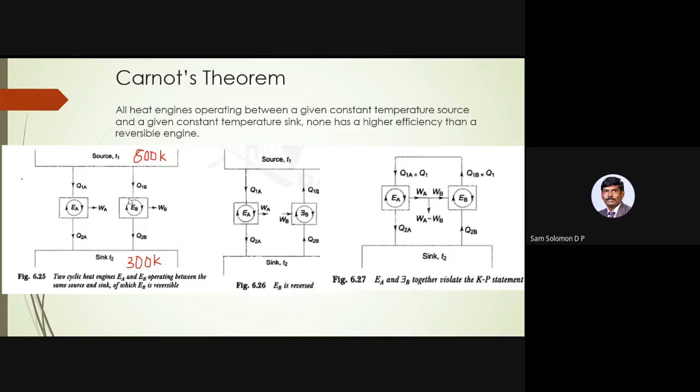Now we have to prove Carnot's theorem. To prove it, we have to assume one engine is reversible and the other engine is irreversible. So let us assume engine EA as irreversible and engine EB as reversible.